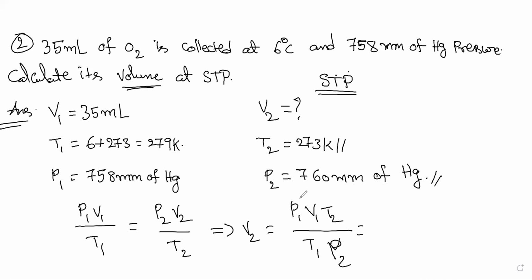That's it. P1 is 758, V1 that is 35, T2 273, divided by T1 279, into P2. P2 is 760.